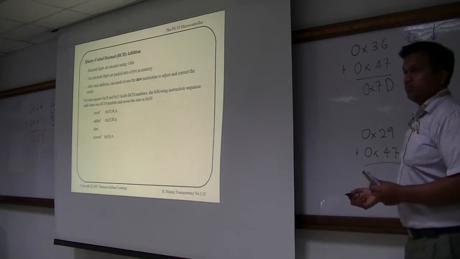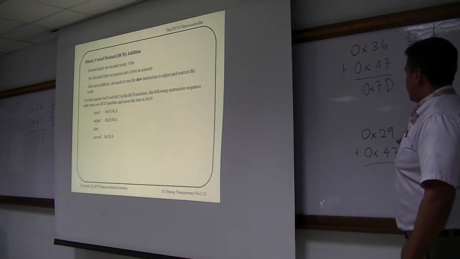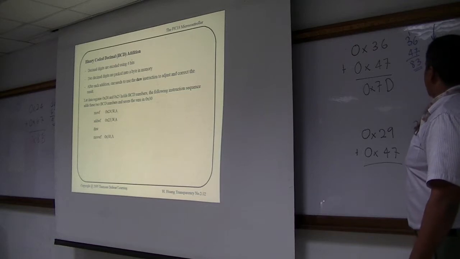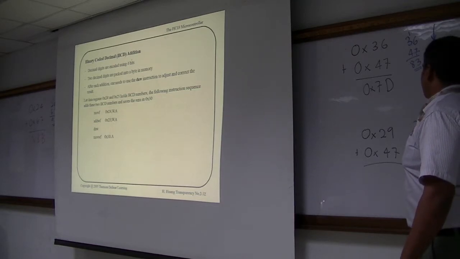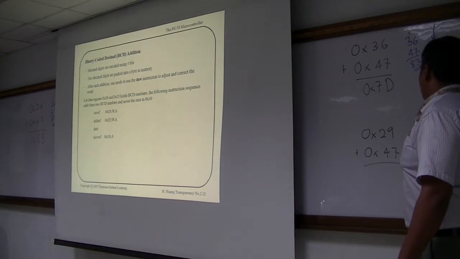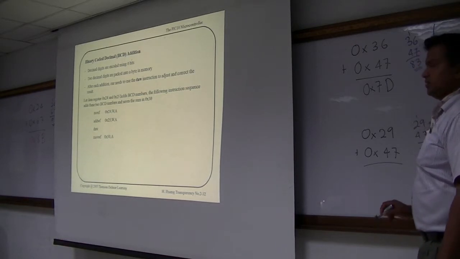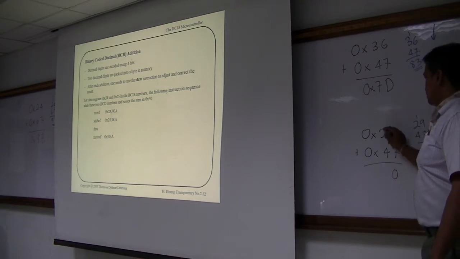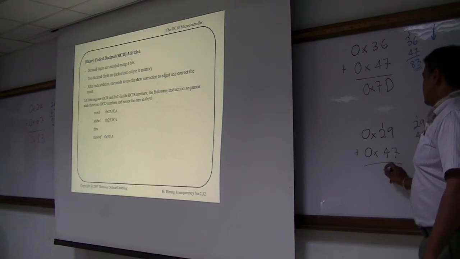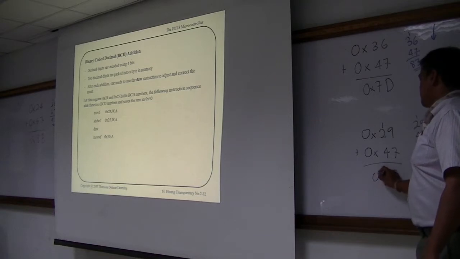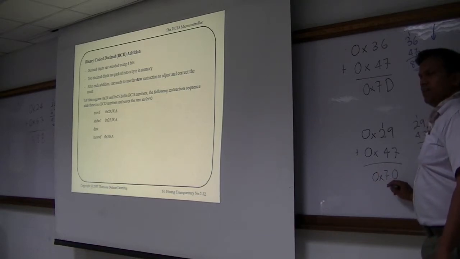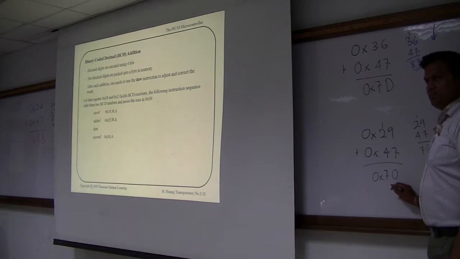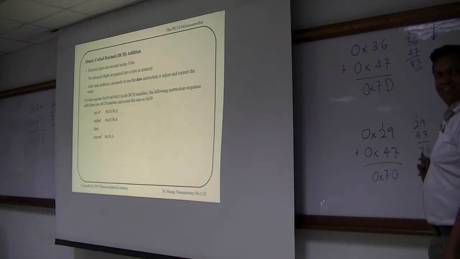So that's another problem. How about this one? 29 plus 47, and you should get 76. When you add this, this is 16, 16 minus 1 is 6, and this is 7. The digit is valid, but the answer is wrong.